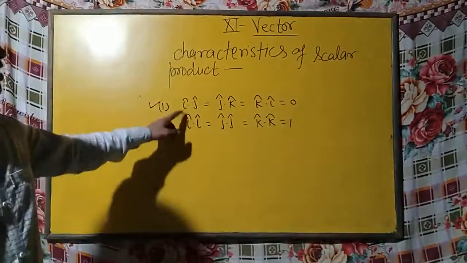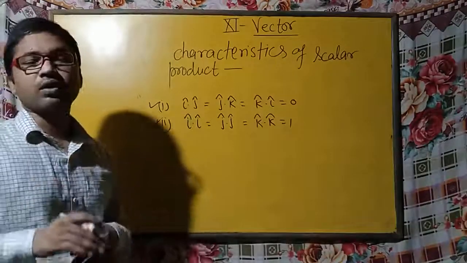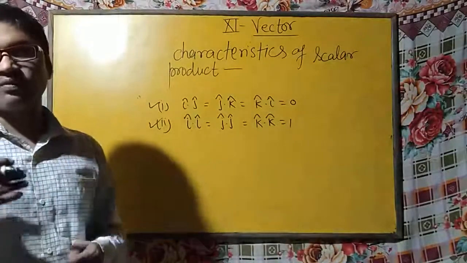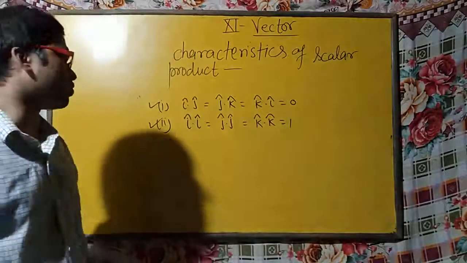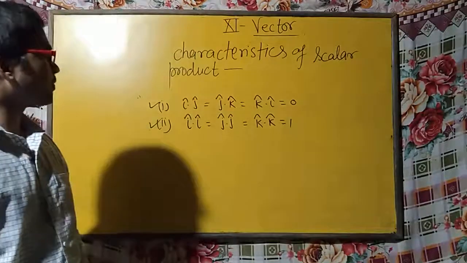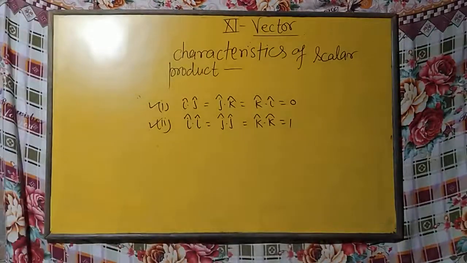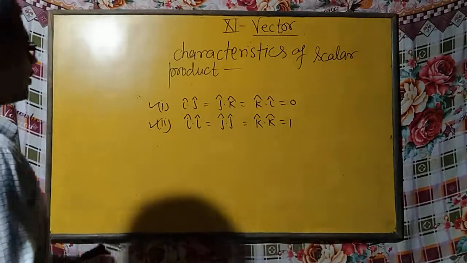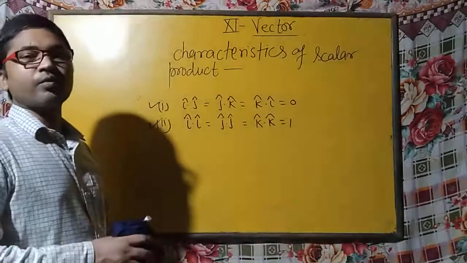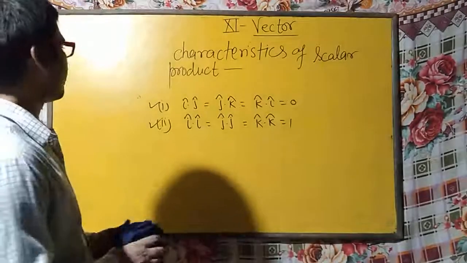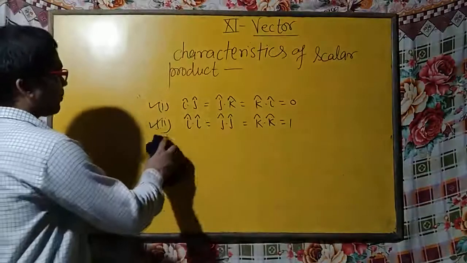By using these results, you can find the scalar product of two vectors in component form also. I hope you understand how you can find the scalar product of two vectors in component form. So let me give you one example.